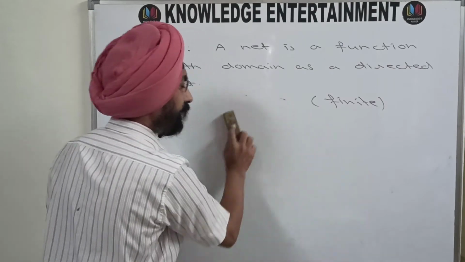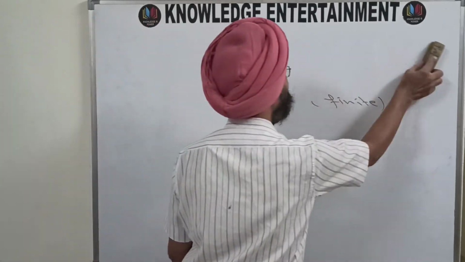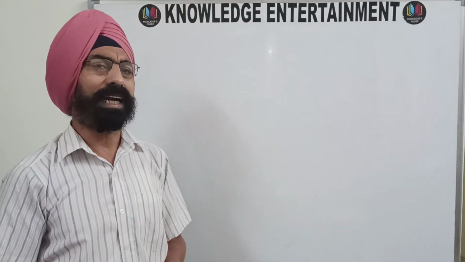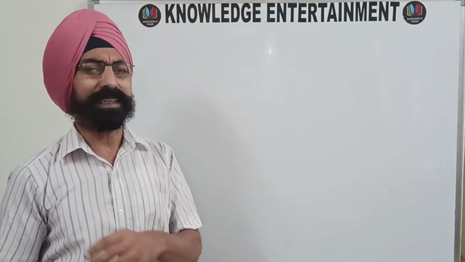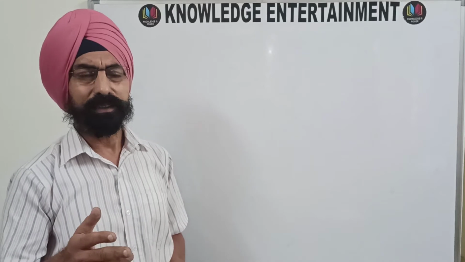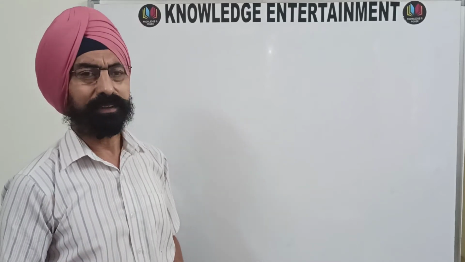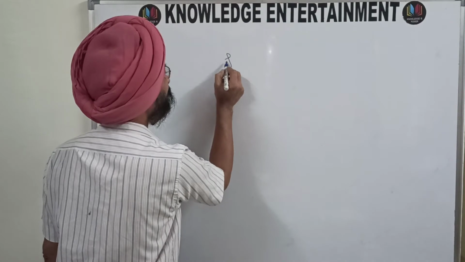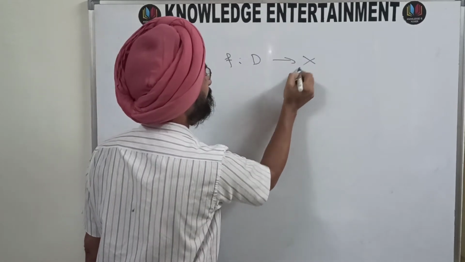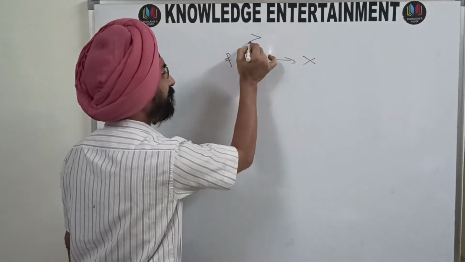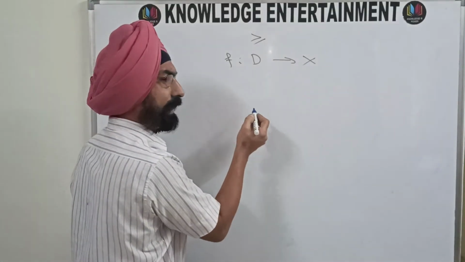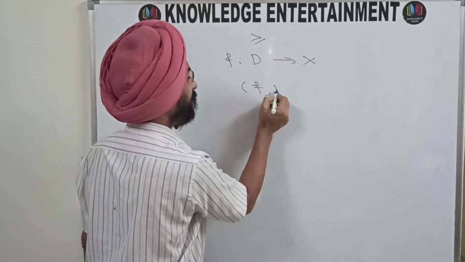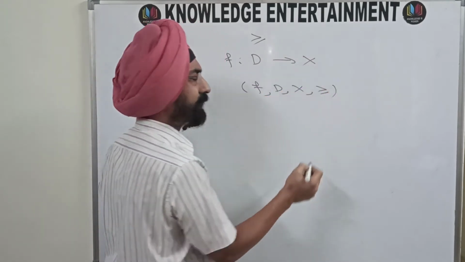Then there are three things to understand: the convergence of a net, the cluster points of a net, and the limit points of a net. Actually, f from D to X is a net where D is a directed set with some binary operation greater than or equal to. In some books you will get the notation (f, D, ≥) is a net.